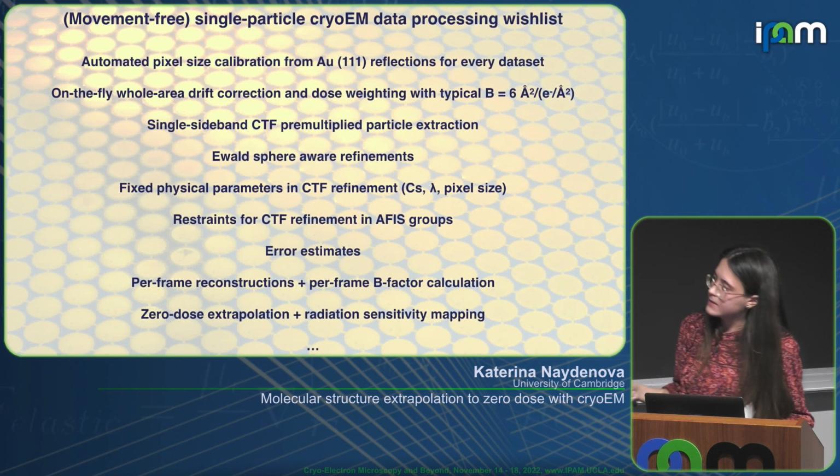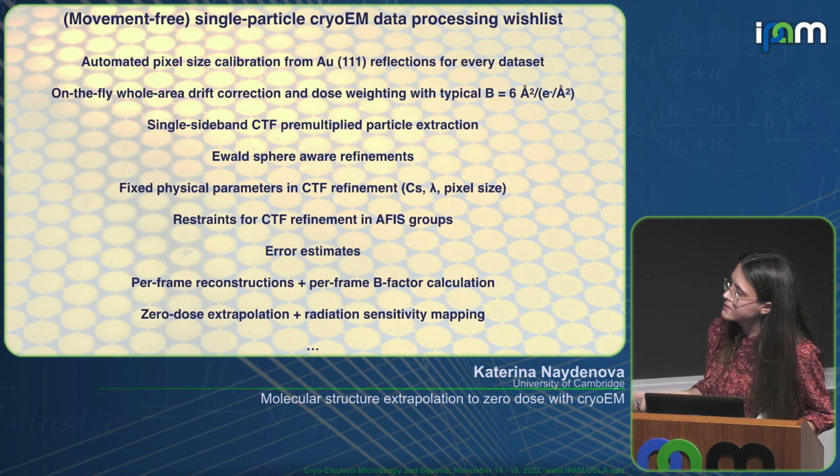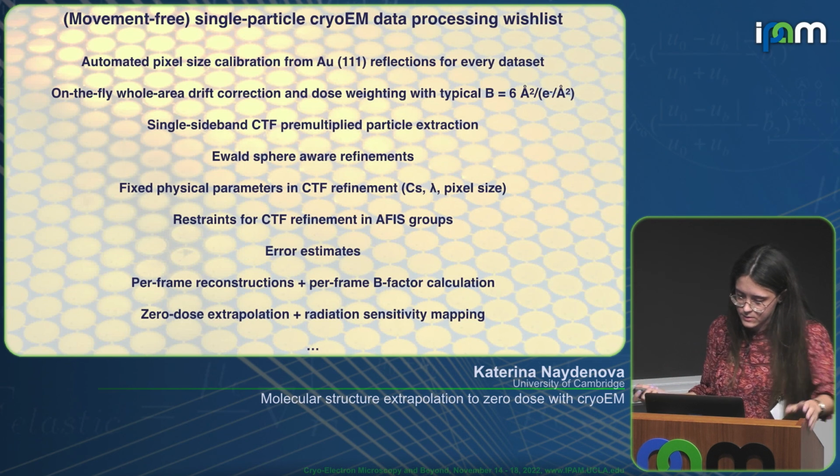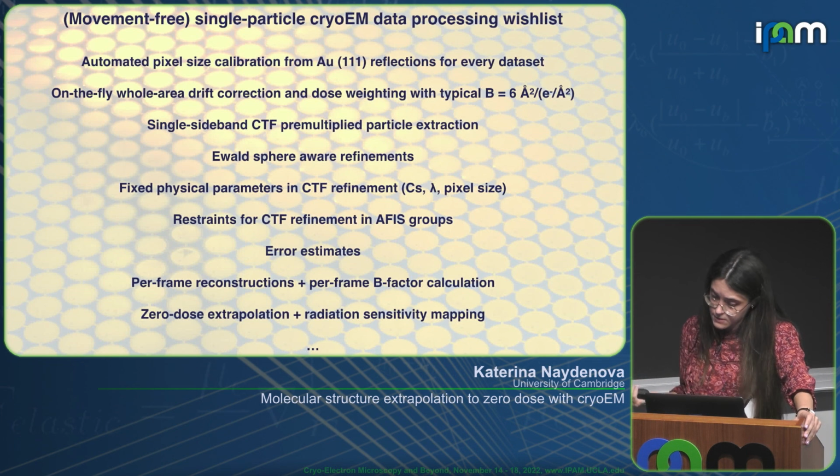We still think the CTF correction, the way that it's done normally, could be improved, and we're very keen on Ewald sphere-aware refinements and single sideband CTF correction and pre-multiplication, which would allow you to extract your particles in small boxes, which is great for computational purposes.